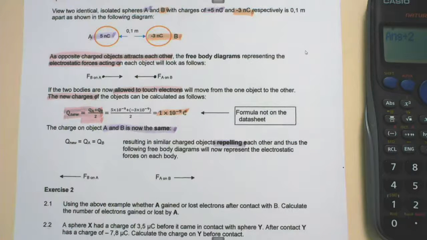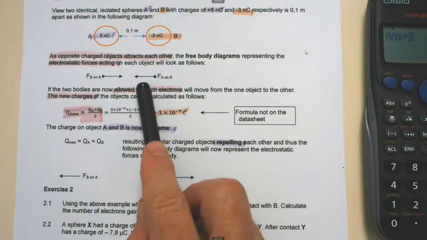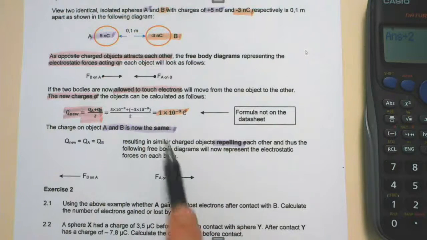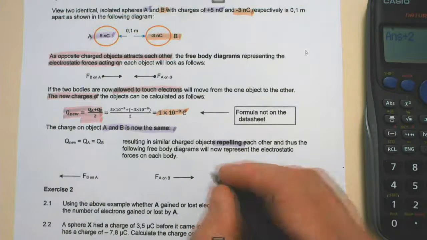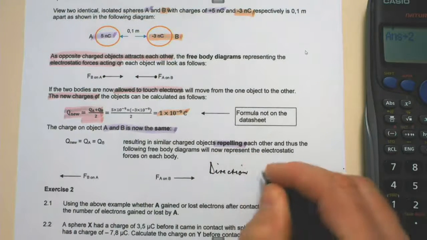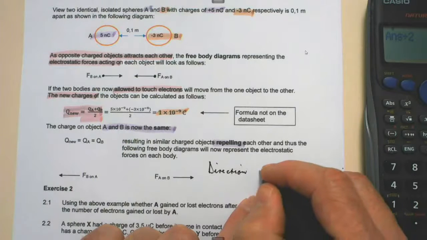The electrostatic forces, which were previously towards one another, will now be away from one another. Later on we will do a question where we will check what happened to the magnitude. We are just saying that the direction is now away.